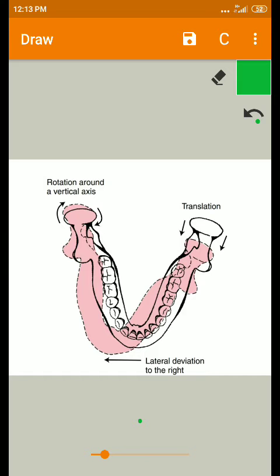Here, any one of the condyles may move either in a vertical axis or an AP axis. So vertical axis or AP axis.